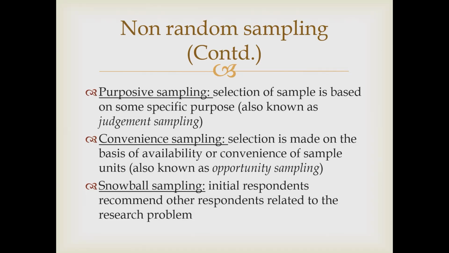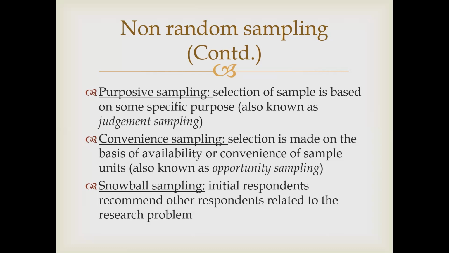Then these next 10 people will give more names, so another 40 people will be joining. These 40 people will give further names. So finally you will have a large number, like the snowball in the mountain, increasing from small snowballs in the morning to the full mountain covered with snow in the evening. This is called snowball sampling.